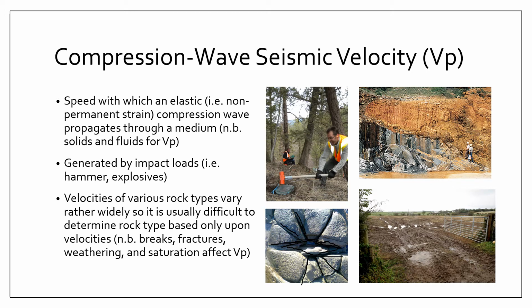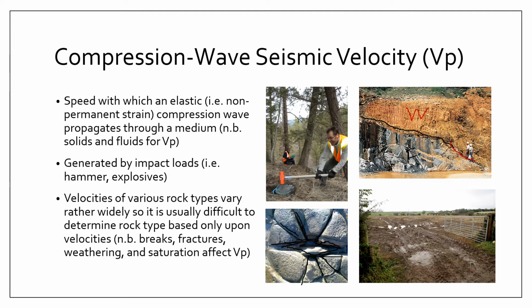Another factor is the weathering. As you can see in this photo, you have a relatively fresh rock, and you have a relatively weathered rock. Note that weathering modifies your rock's properties.